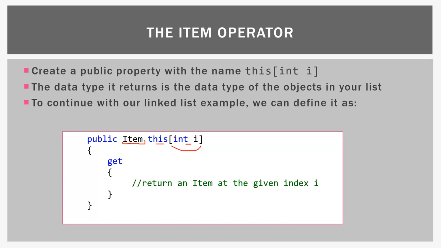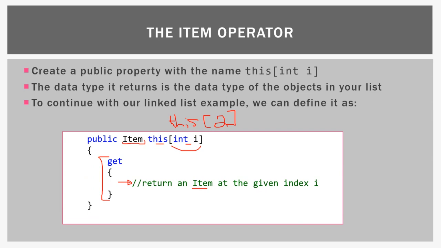But the name of it is this with something like that. So this means this list at position 2. We're going to write a get but we're not going to write a set, so it's going to be read only. Whenever we reference some list at a particular integer position, we have to write the code in here to return an item at that given index.